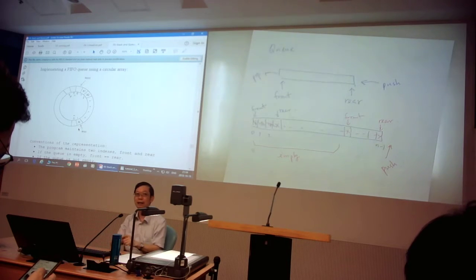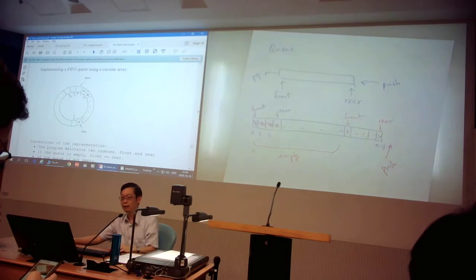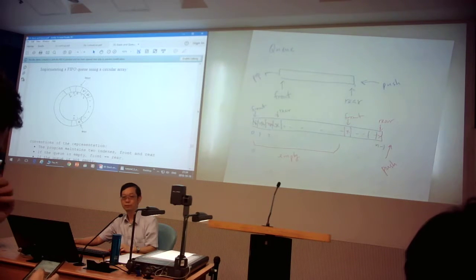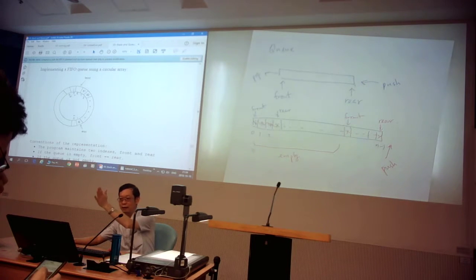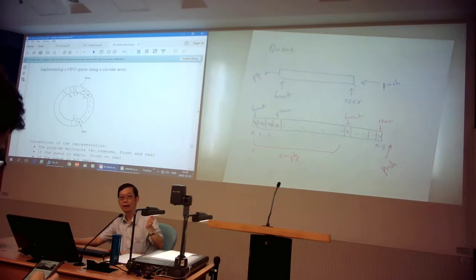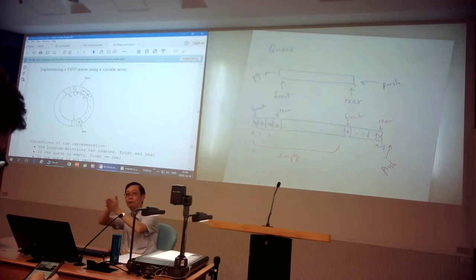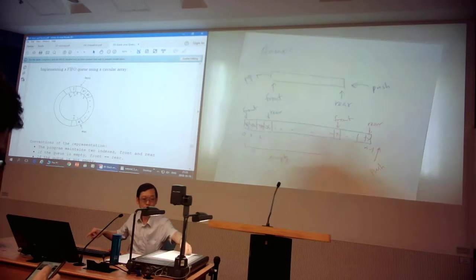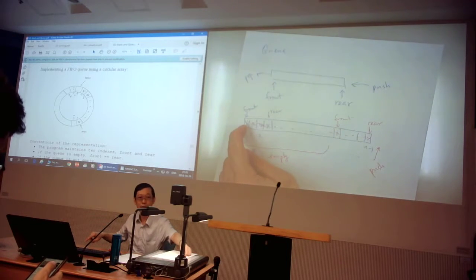So we can avoid this copying by interpreting the array as a circular structure. So when we fill up the array towards the right hand side and make one more addition, we roll over to the leftmost index.